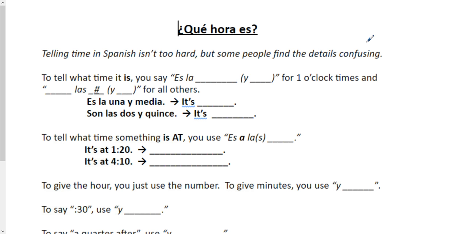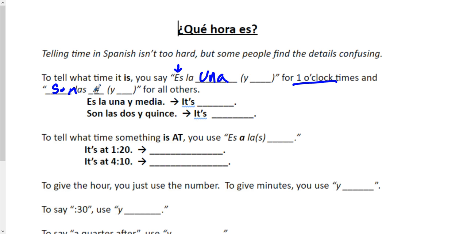All right, to tell time in Spanish, you say es la una if it's a 1 o'clock time. And you say son las and a number if it is more than 1 o'clock, because 1 is considered singular. If it's more than 1, they consider it plural.